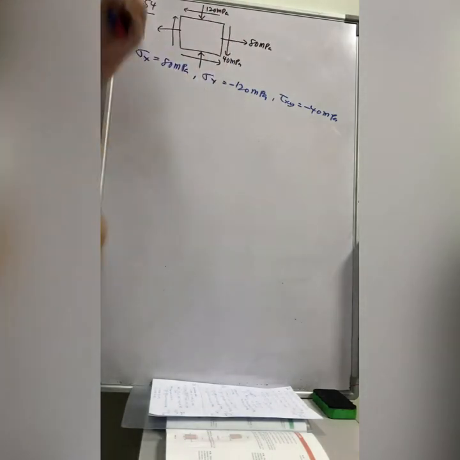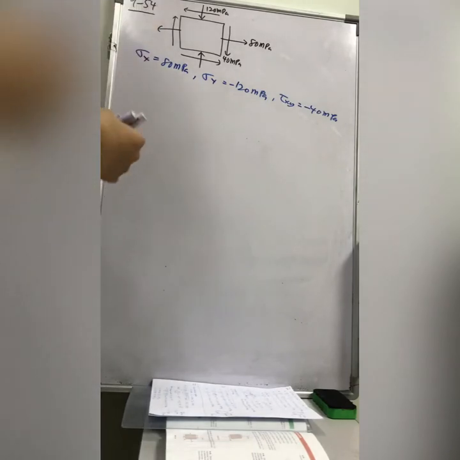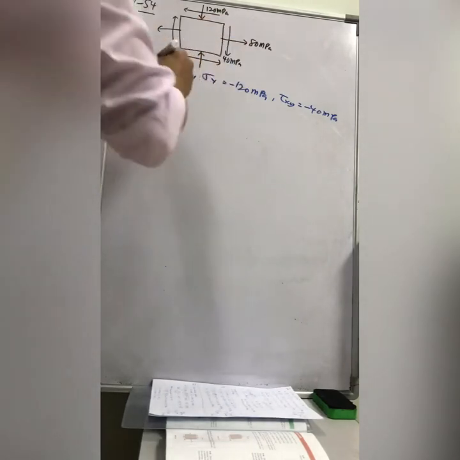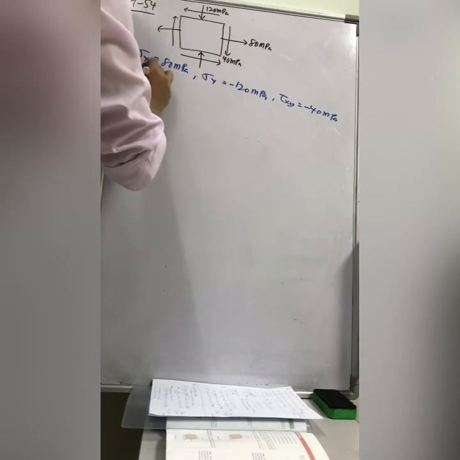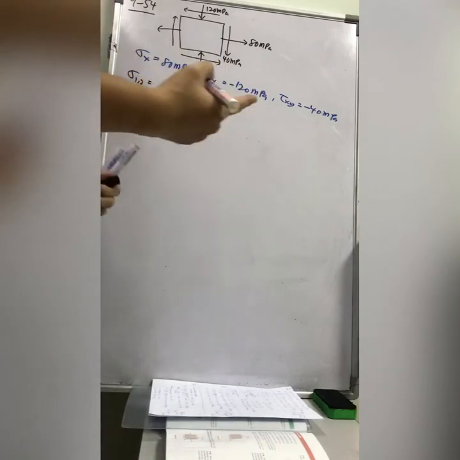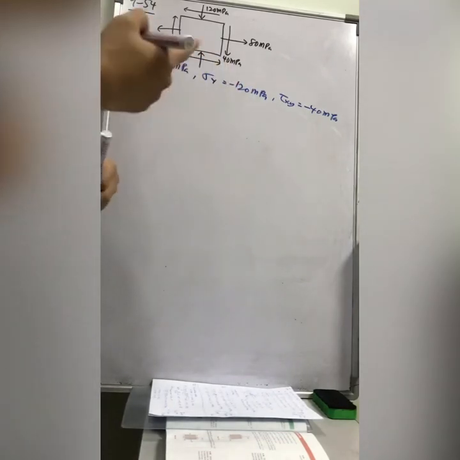After identifying this, you know your equation for your principal stresses, sigma 1 and sigma 2. Sigma 1 is your maximum principal stress, sigma 2 is your minimum principal stress.